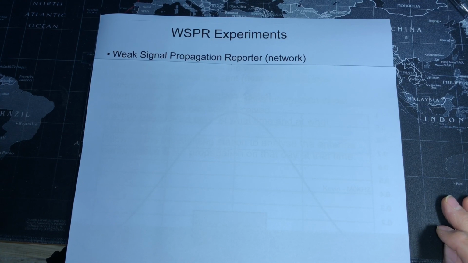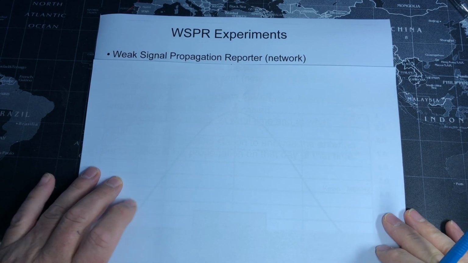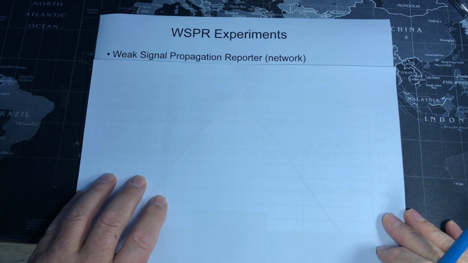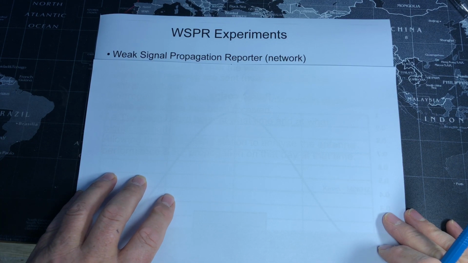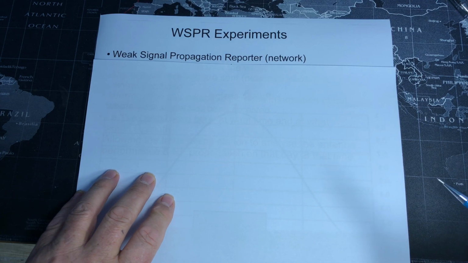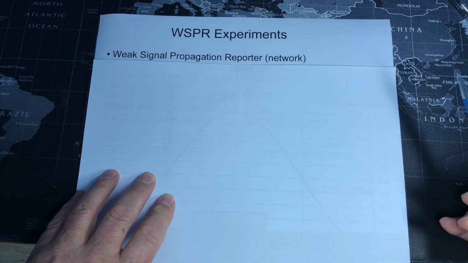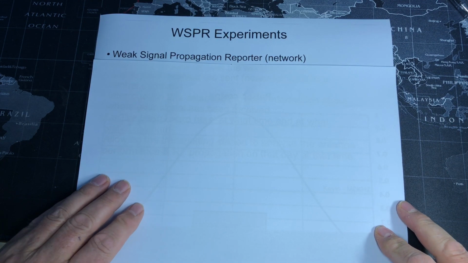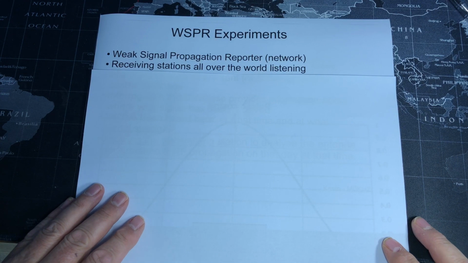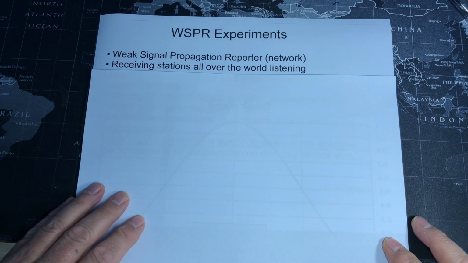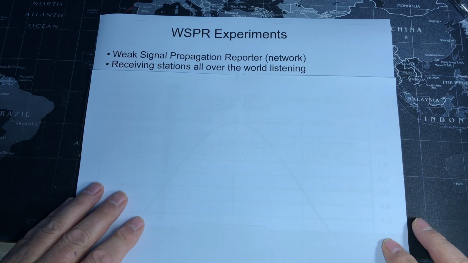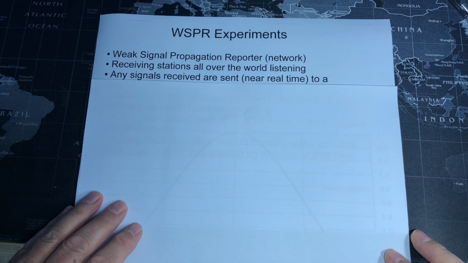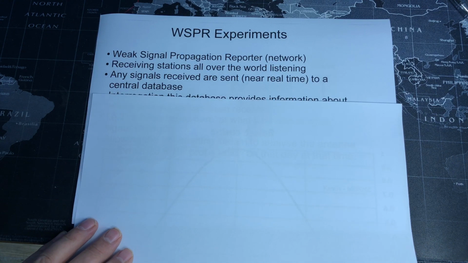Okay, so let's talk about my Whisper experiments and what I'm going to be doing to improve them. So very briefly, what is Whisper? Well, it's a weak signal propagation reporter network where there's receiving stations all over the world just listening on particular frequencies at particular times, and any signal received is sent near real time to a central database.